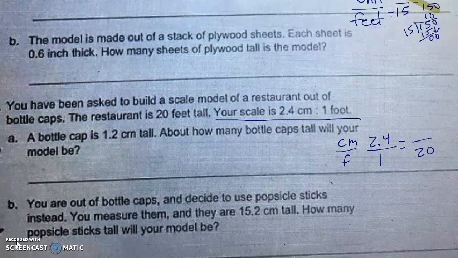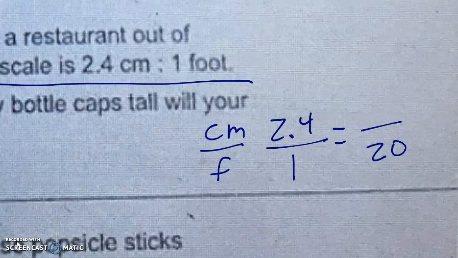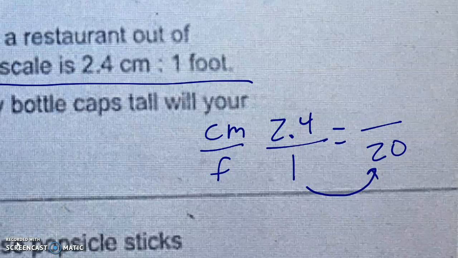Well, this one you can cross product and divide if you would like, perfectly fine. But some of you like to see things a little bit differently, which is fantastic. So we're just doing equivalent fractions basically, right? So how did you get from 1 to 20? Just multiplied by 20. So think back to fractions. If you multiply the denominator by 20, you have to multiply the numerator by 20.